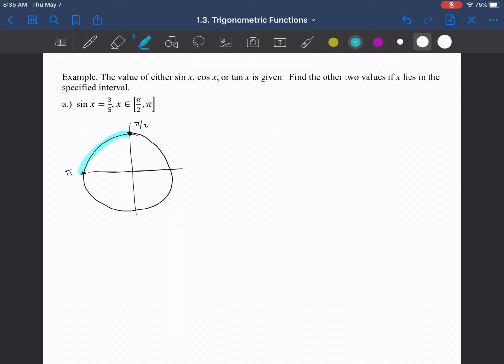And so what I'm going to do is draw in a triangle somewhere over here, just so I have a general idea. This will be our angle x, and we're going to try and find it using this idea.